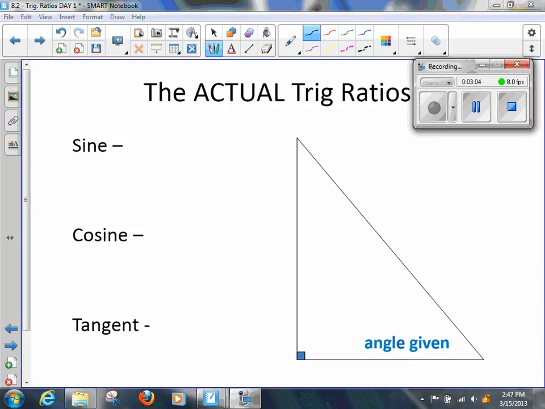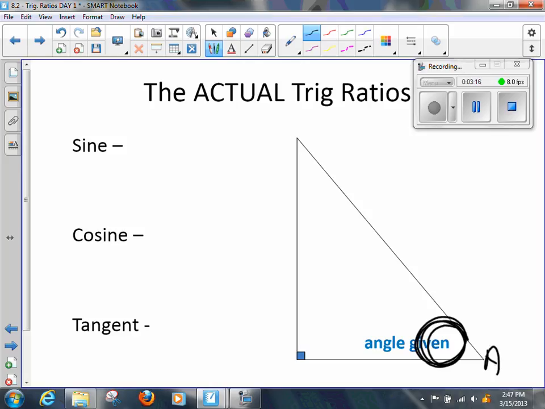Let's say that I give you this angle right here. That's the angle given. We'll call this triangle A, B, C. Be sure you label your triangle the same way I label mine.